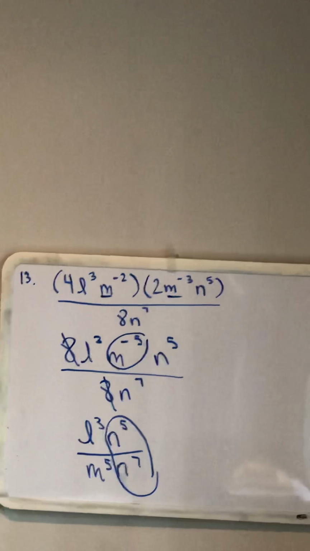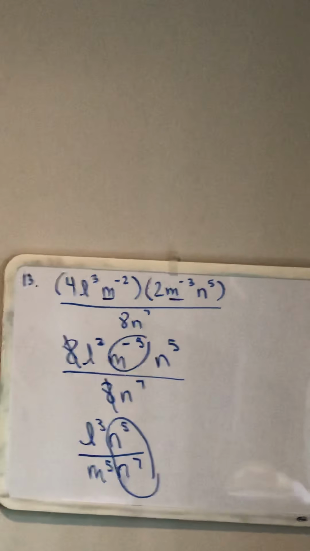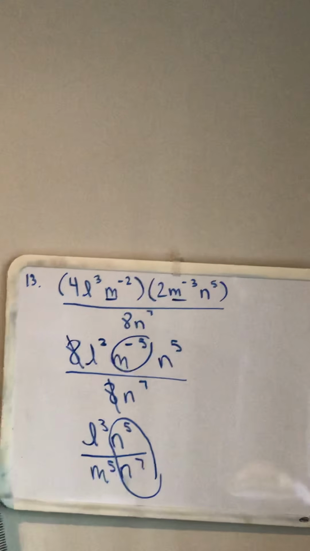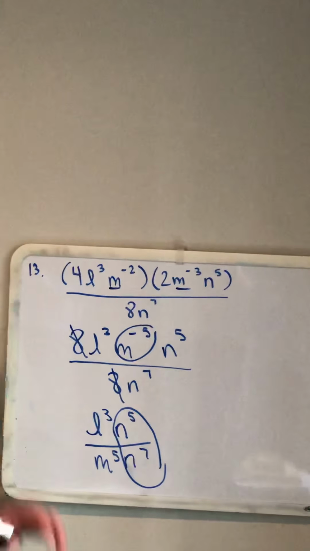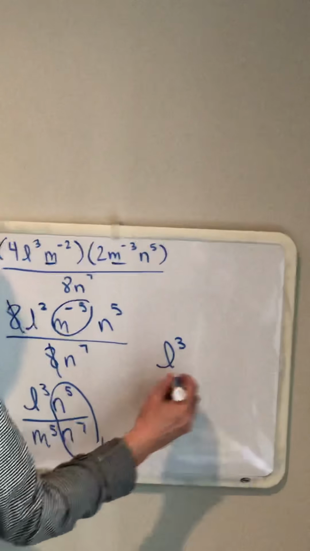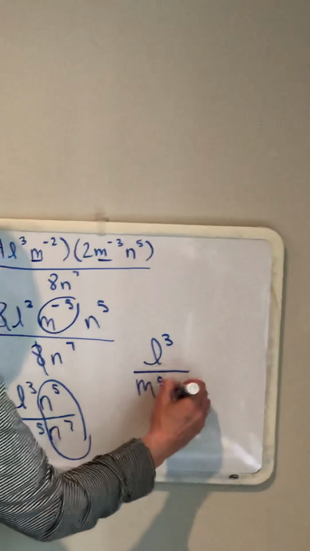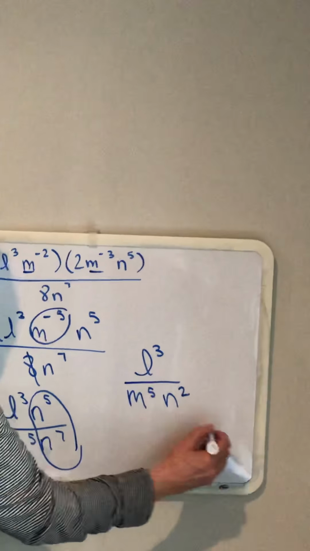And since those n's are dividing, you subtract the exponents. So you do 7 minus 5, which is going to give you n to the second, and it's going to be located in the denominator. So your final answer is L to the third over M to the fifth, N to the second.